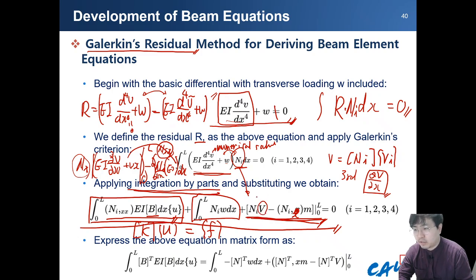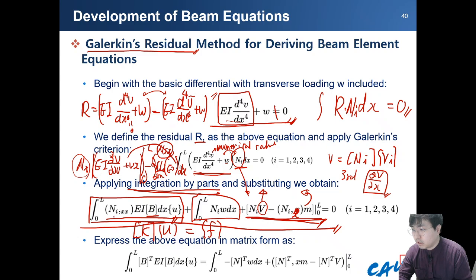This is the shear resistance force. This m is the moment force. These shapes have slightly changed already, so you can neglect some changes here. Anyway, finally we reached this kind of relationship.